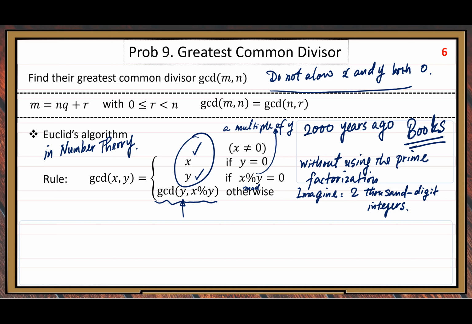This one is an interesting problem, not too hard. If you need to implement Euclid's algorithm, that's easy, but at the same time, you need to compare it with the prime factorization method. You need to do a comparison.